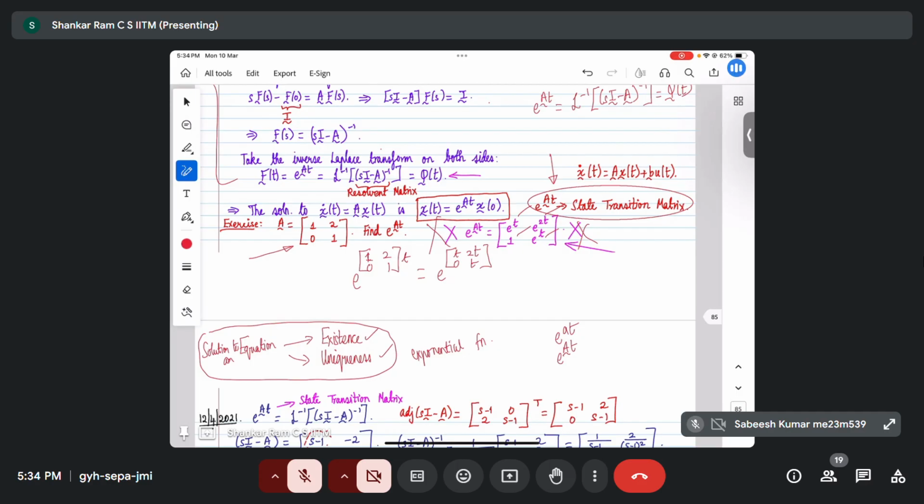But the fundamental result is this: when we have a linear ODE with constant coefficients, whether it's a scalar ODE or a vector ODE, a solution exists, and the only solution is the exponential. I hope that's clear. Yeah. Thank you.